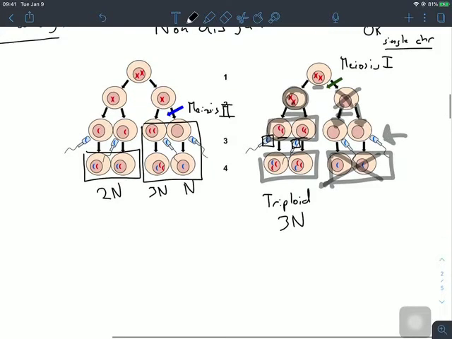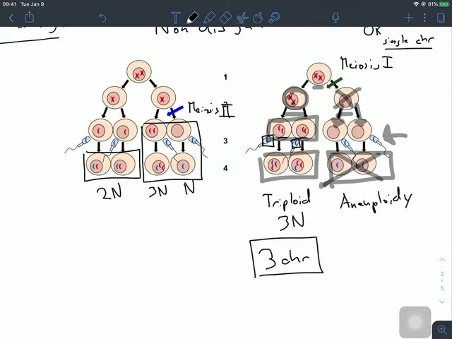Now this phenomenon of triploidy, or if you have too little, aneuploidy, is really, really bad for a vast majority of human chromosomes. In fact, there are only 3 chromosomes that, if you happen to have one more or one too few copies, do you survive.